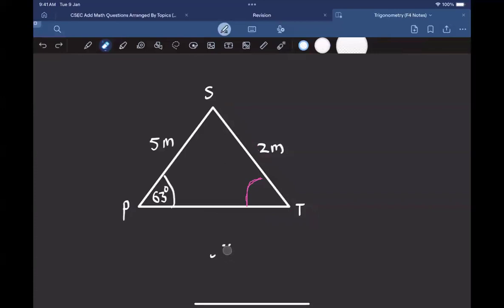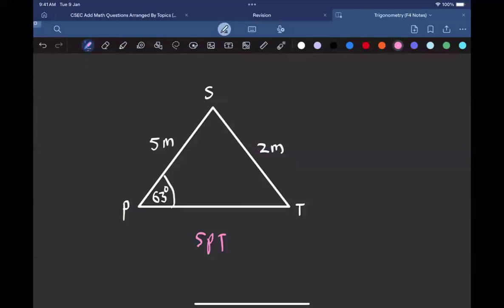Aliyah, I want you to show me where angle SPT is. Yes, and Aliyah, is that an included angle? Give me a reason.